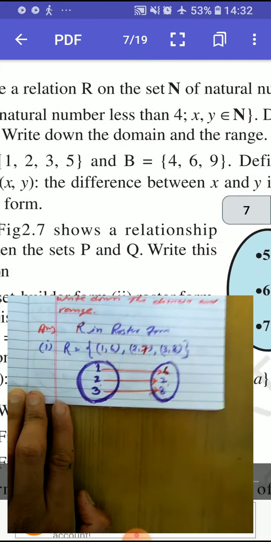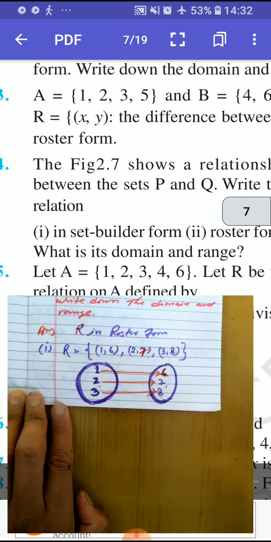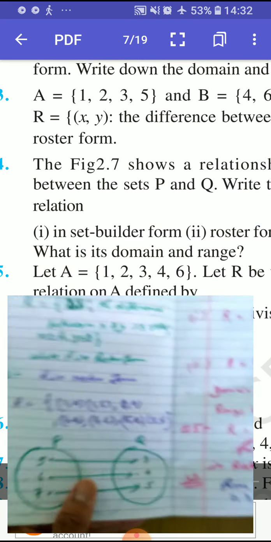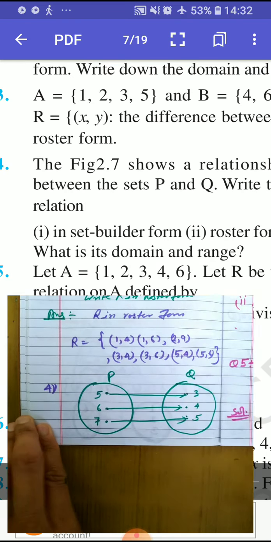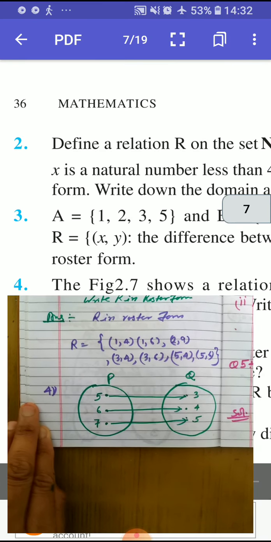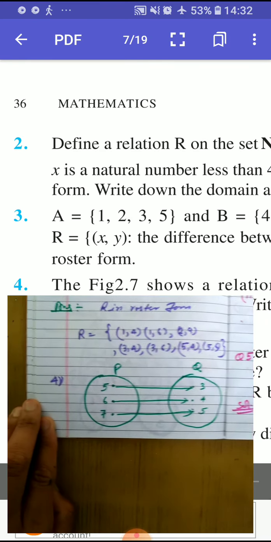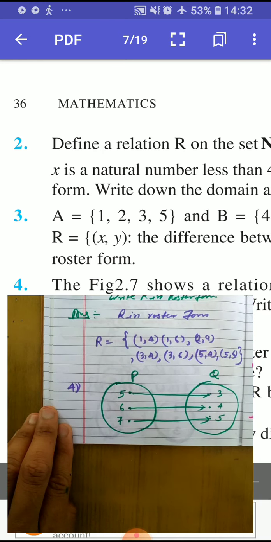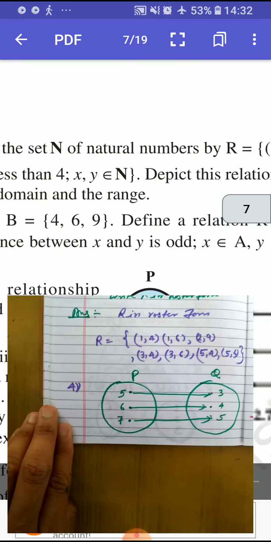Okay, now come to the question number third. In the third question, you are given set A having elements 1, 2, 3, 5, and set B having elements 4, 6, 9.